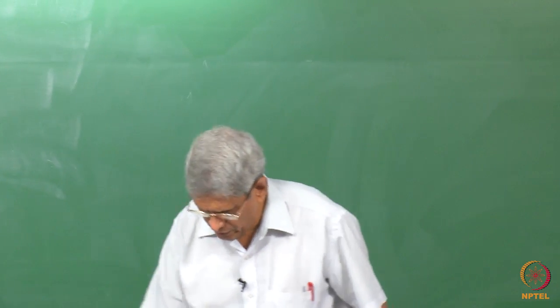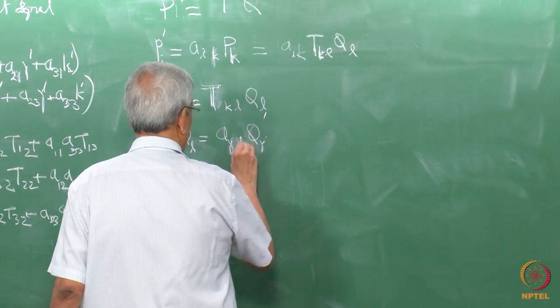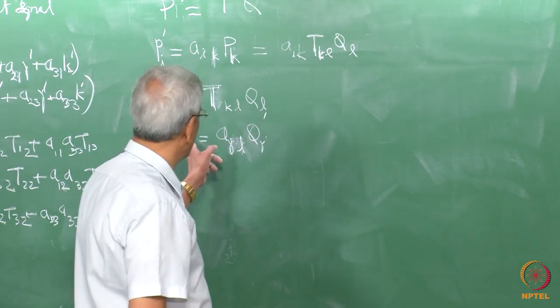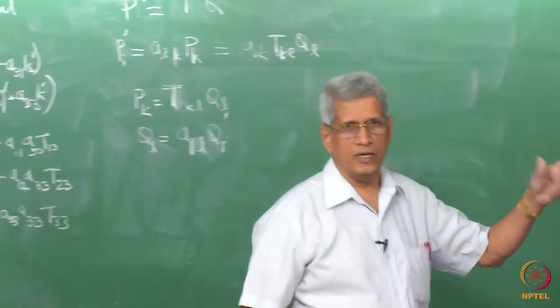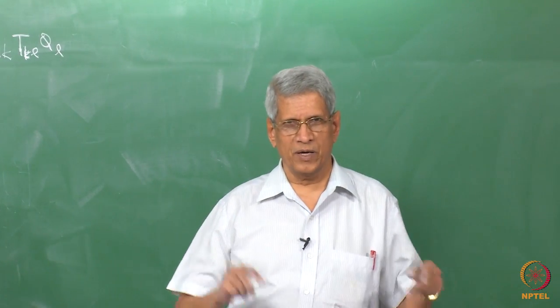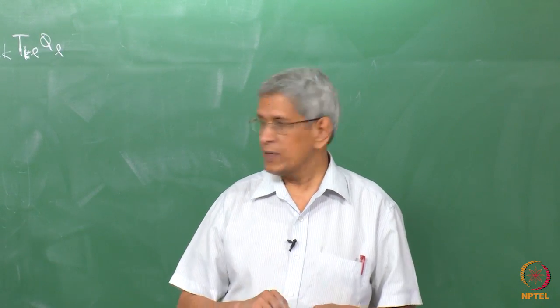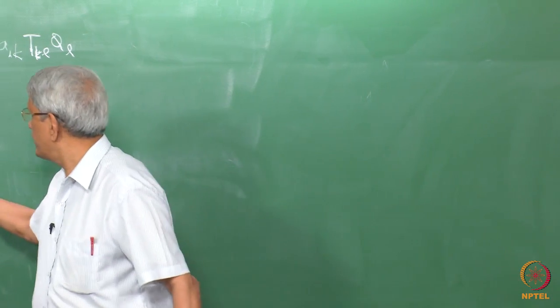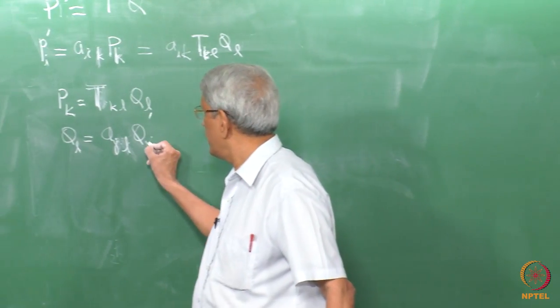No, this will be AJL. This is because when we change, that index will change, correct? Because one is the transpose of the other. So, QL becomes AJL into QJ dash.